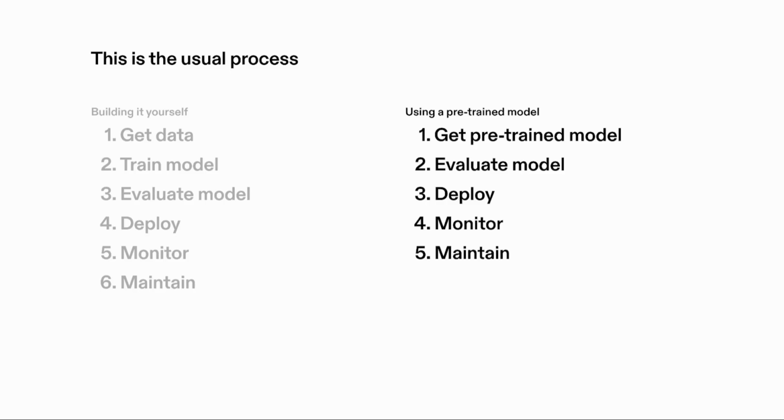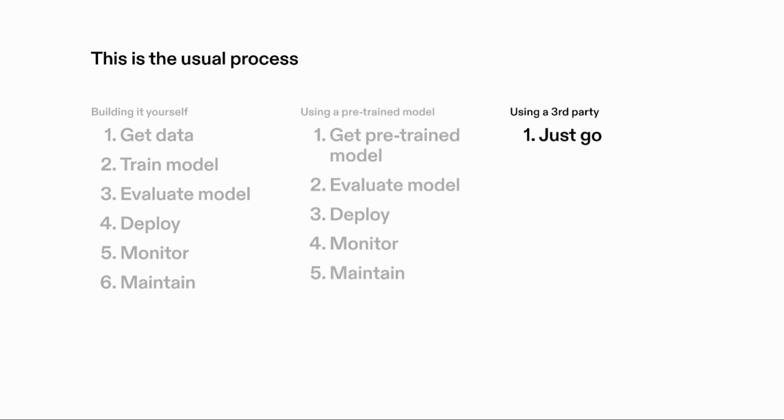But if you're not up for that either, it gets even easier, because nowadays there are so many third-party AI solutions out there that in a lot of cases, but certainly not all cases, you can just go with it. So for example, if you want to leverage AI to help your marketing team, then you can use third-party tools to understand your ad performance, create new visual ads, write copy, all kinds of stuff.